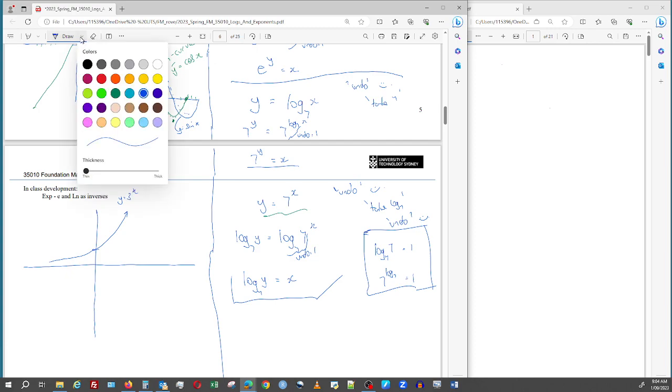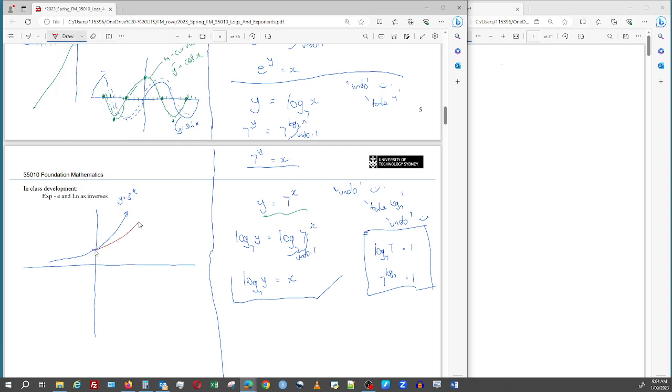Then we might change colour and go for a red one, which will be less steep. It's still got that classic exponential shape. So y will be equal to, let's call it somewhere between 2 and 3, let's call it 2.5.